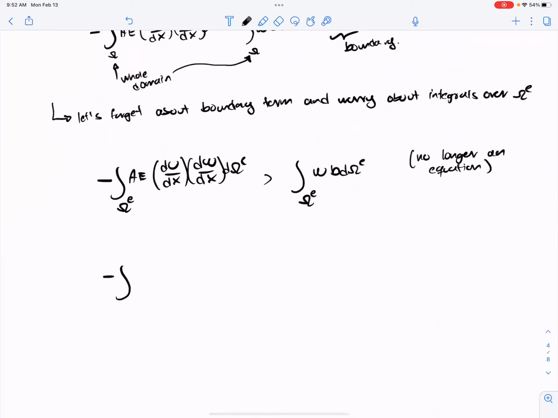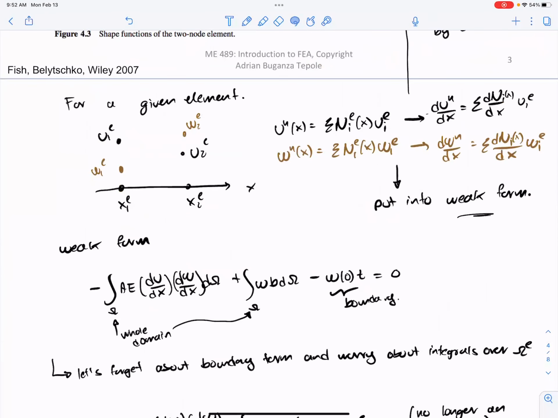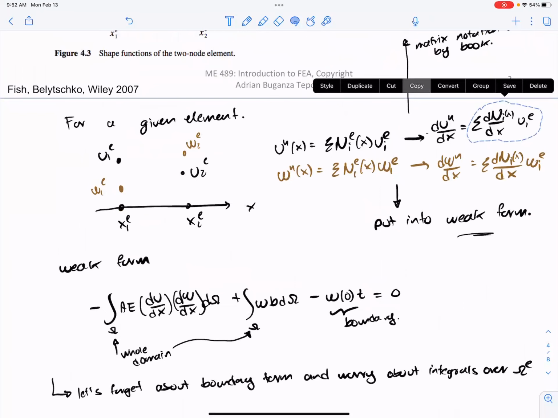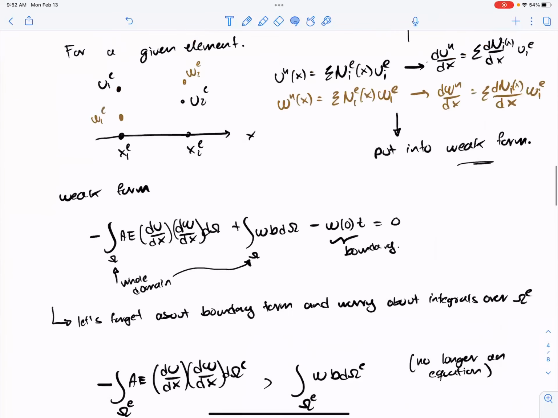So instead of du/dx, I am going to put my discretization, which is the sum of the derivatives of the shape functions times the nodal values.